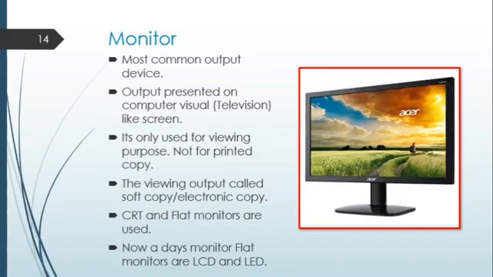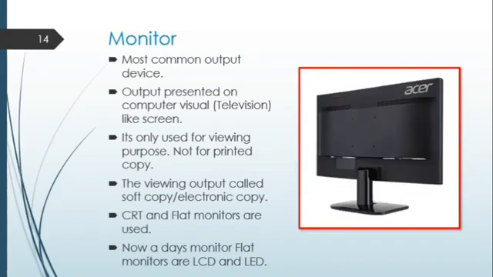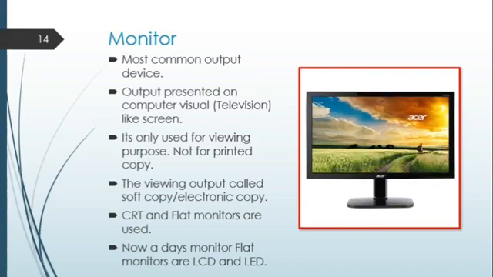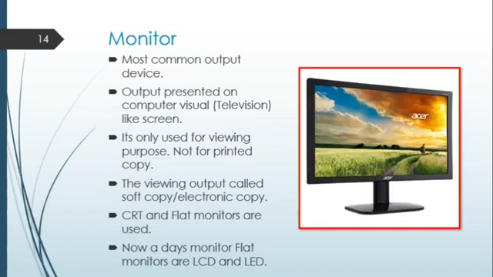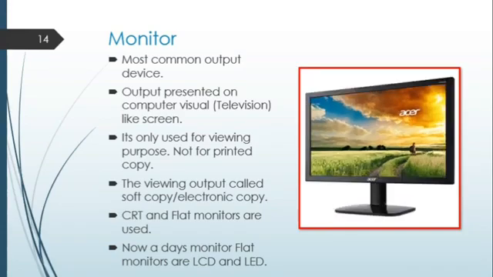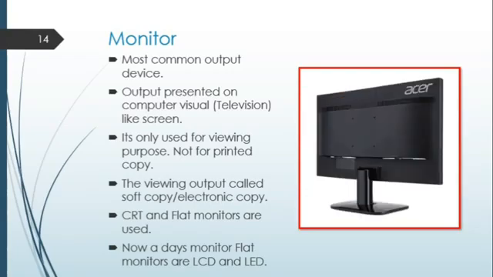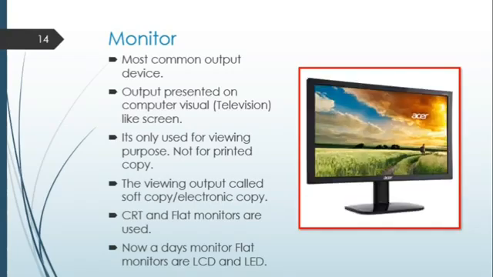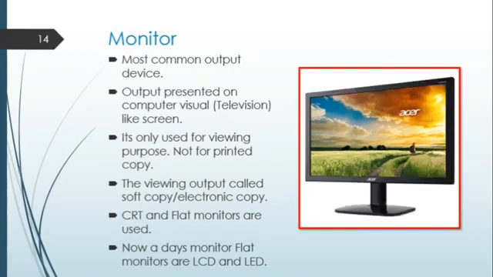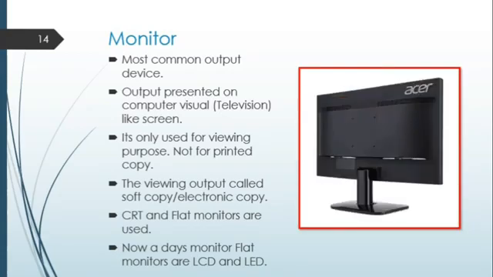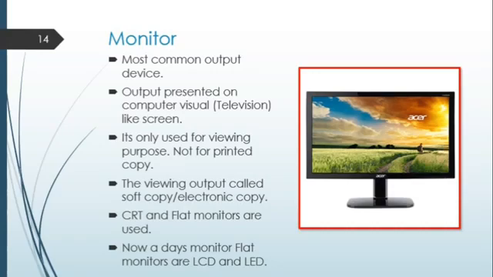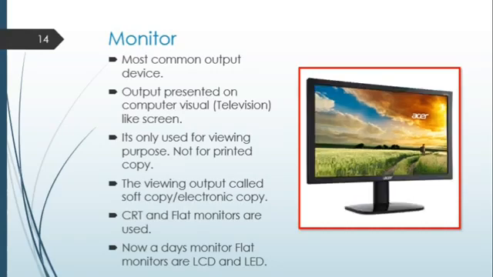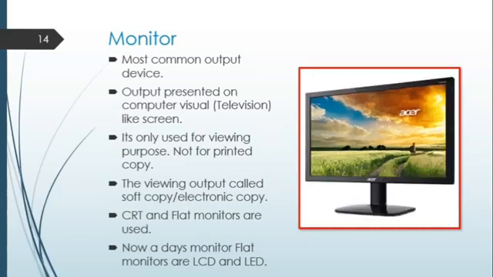Whatever document appears on this screen is called soft copy or electronic copy. CRT and flat monitors are used. Nowadays monitors are flat, like LCD and LED, liquid crystal display and light emitting diodes.